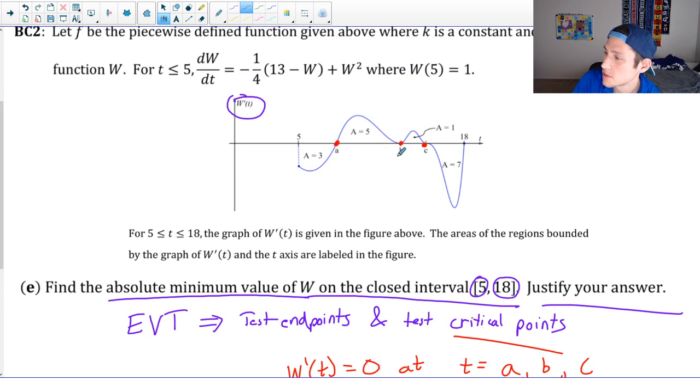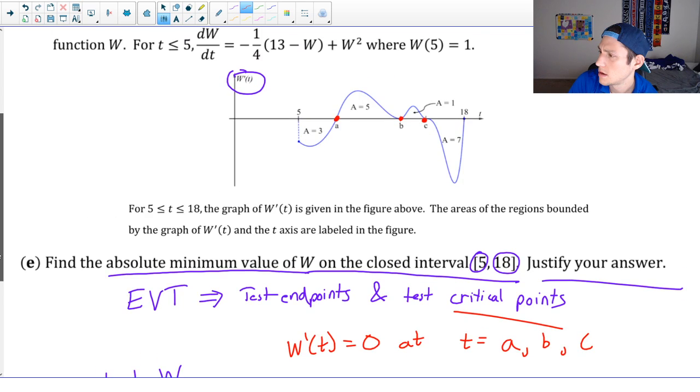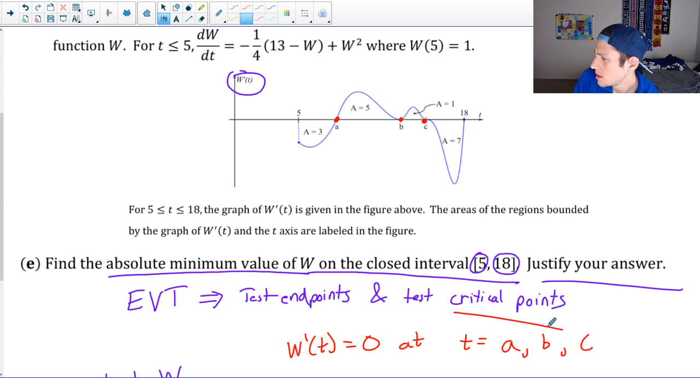I don't even know what these specific values are, I just know it happens at A, B, and C. Actually, B and C are critical points because the derivative is 0, but they're not going to be a valid option if I'm trying to determine the absolute minimum.